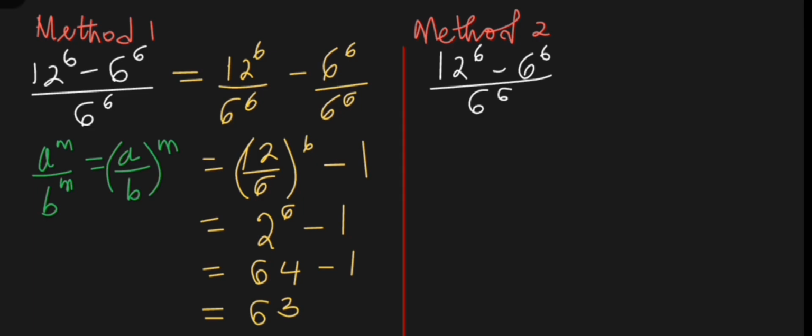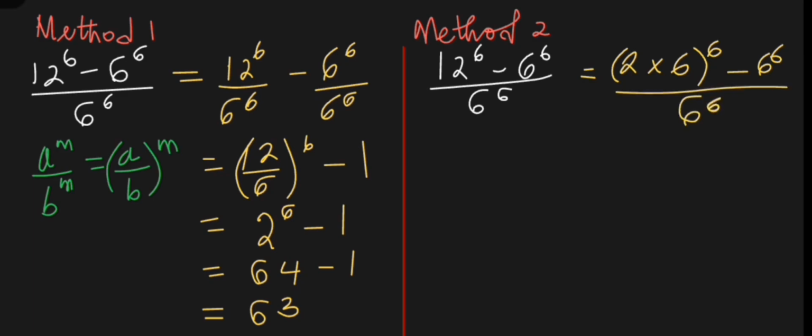The second method is going to take a little different approach, where 12 is expressed as the product of 2 and 6, and that to the power of 6, then minus 6 to the power of 6, all divided by 6 to the power of 6.